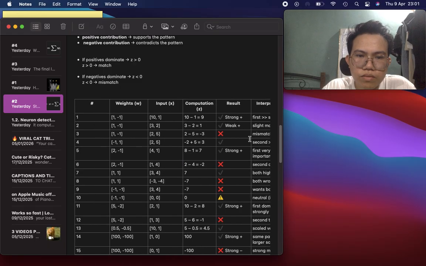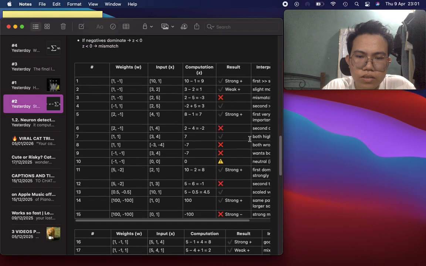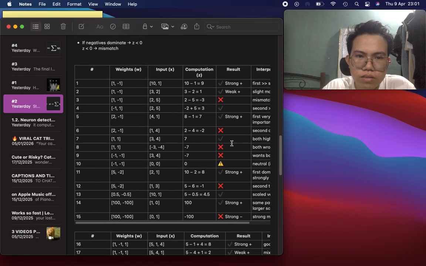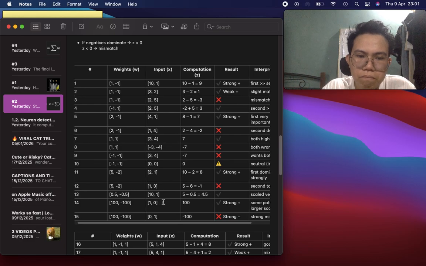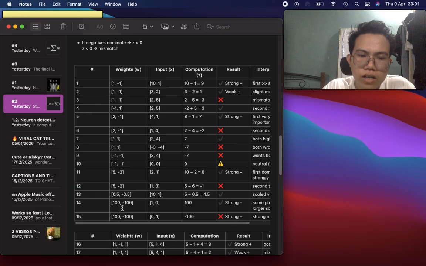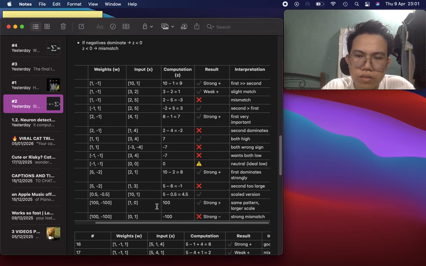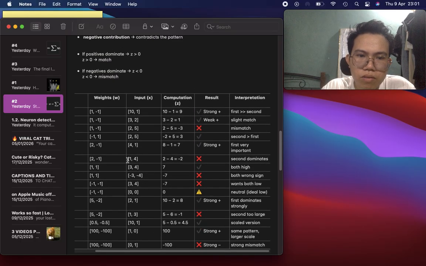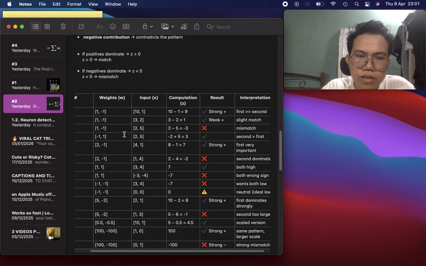There are tons of examples here. For example, if we have the inputs 1 and 0, a large and a low, this is wrong because the weight expects high and low, the same pattern at a larger scale. How about this one? The neuron expects the values low and high. It's still a strong match.